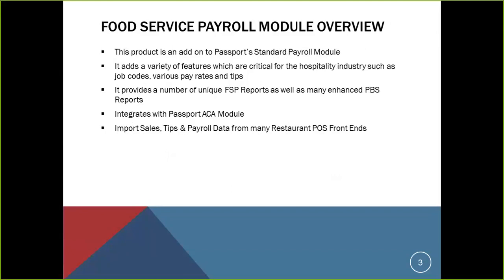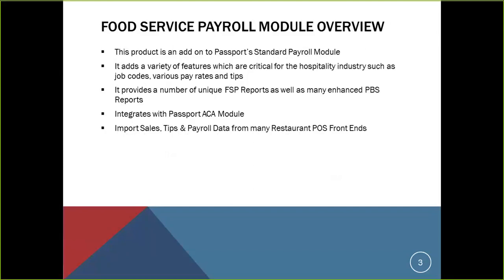So this product is an add-on to the Passport Standard Payroll module, and it adds a variety of features which are critical to the hospitality industry, such as job codes, various pay rates, and tips. It provides a number of unique food service reports, which we'll show you a little bit later. And we've also enhanced some of the Passport standard reports.